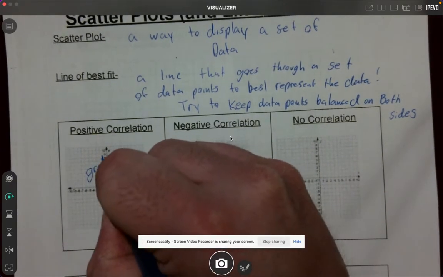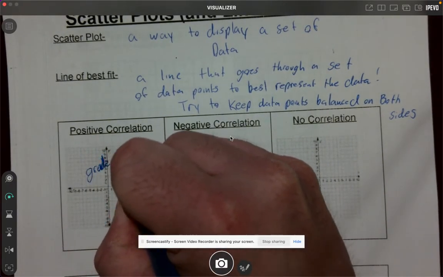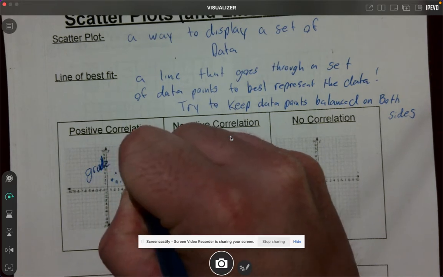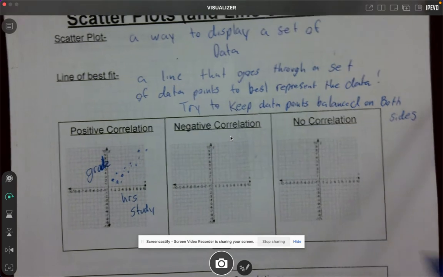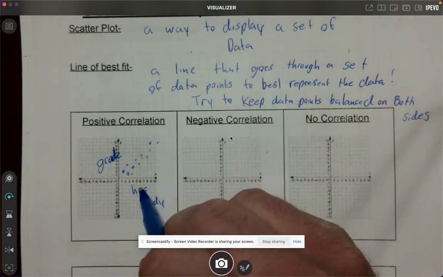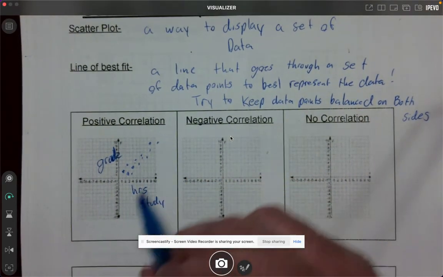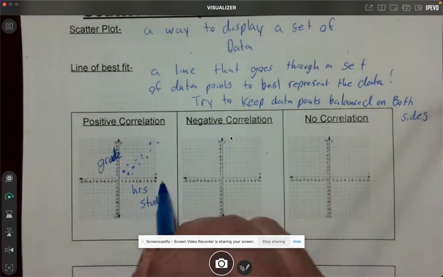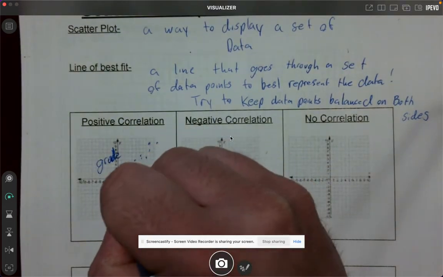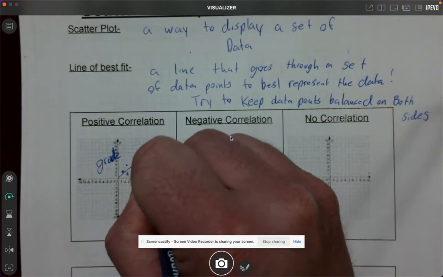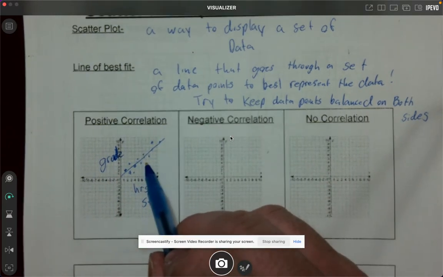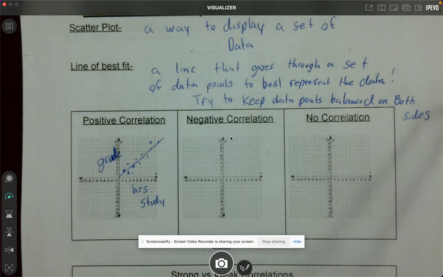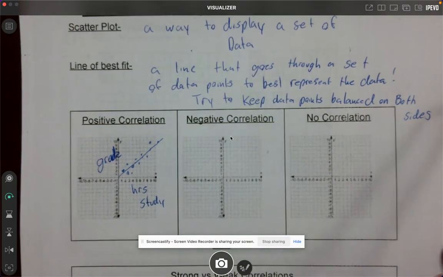So for a scatter plot like that, the points are pretty close together. It's positively correlated. There's a strong correlation. The more you study, your grade goes up, and you'd make a line of best fit where you want to have the same amount of points on one side as you do on the other.